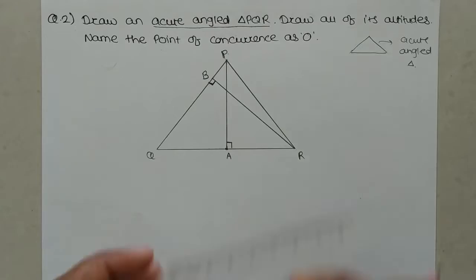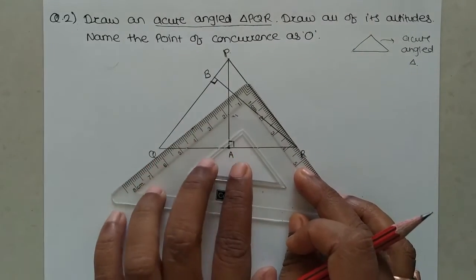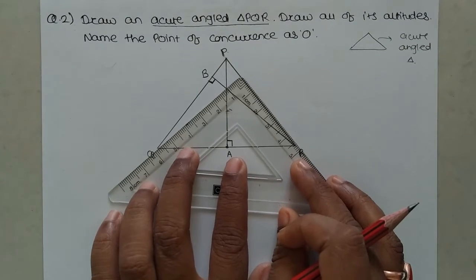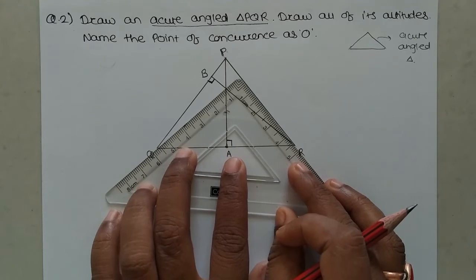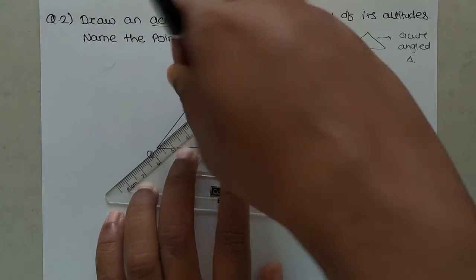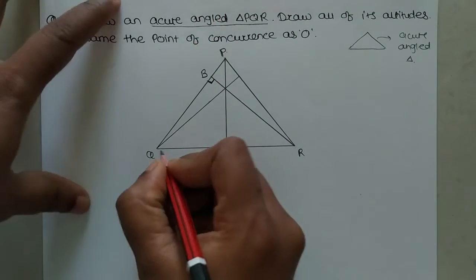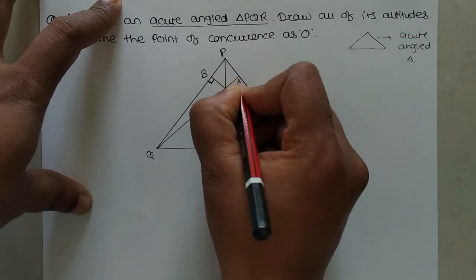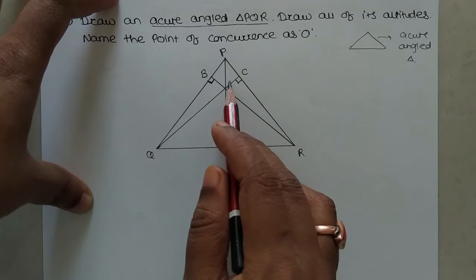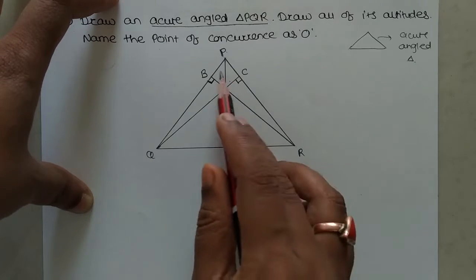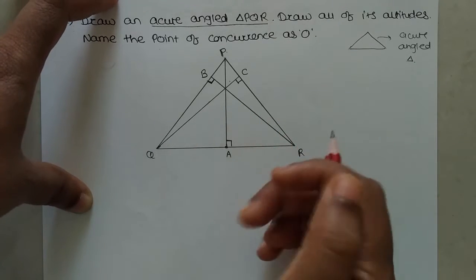So put the set square like this and draw the line. This is called C. So QC is the altitude, PA is the altitude, RB is the altitude of this triangle.